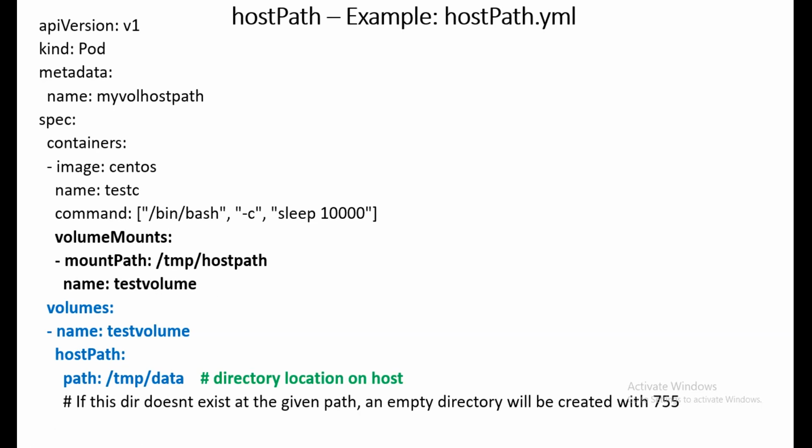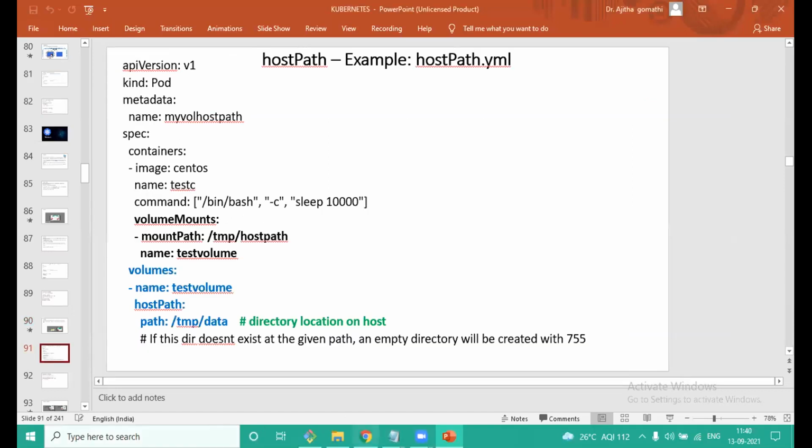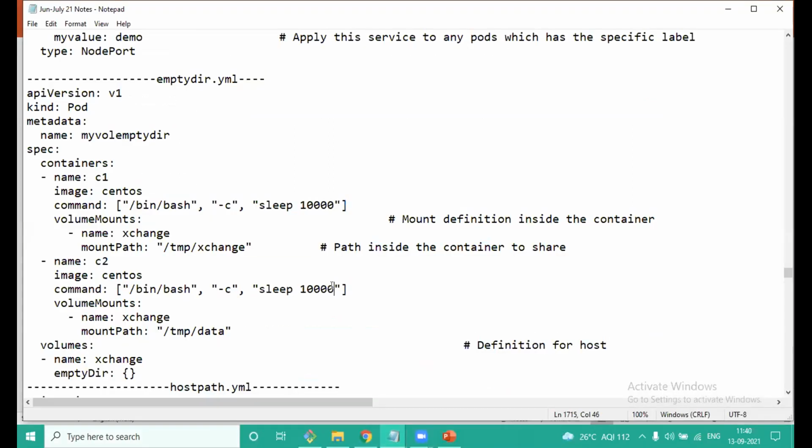Okay, so that's where hostPath will help you to share between the container and the host machine. But remember, this will be mounted on the host machine in which the pod is assigned and the container is running. So in a cluster, you should first find out where your pod is running and you should go to it. Okay, now let me just show you this example.